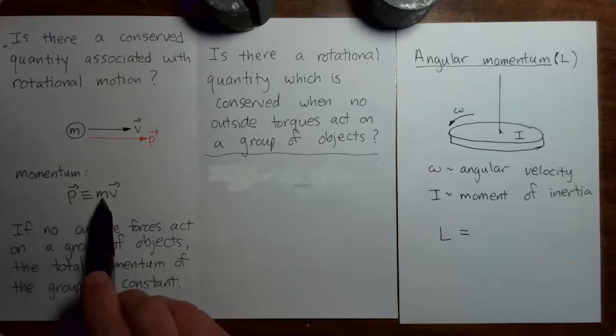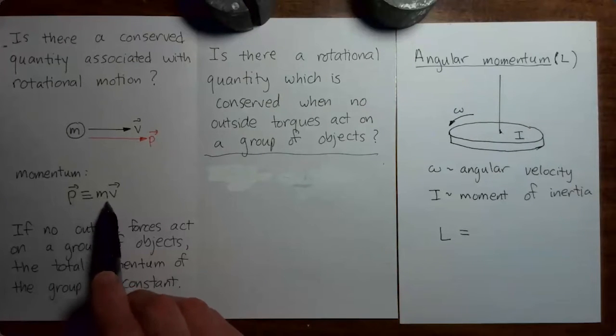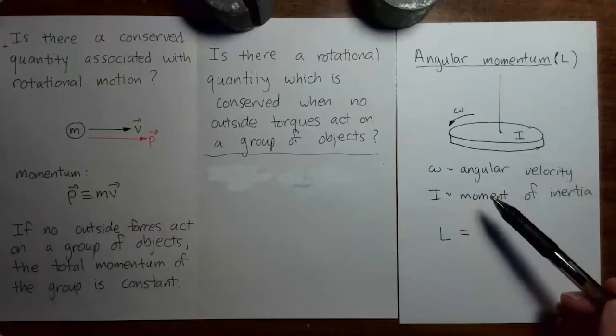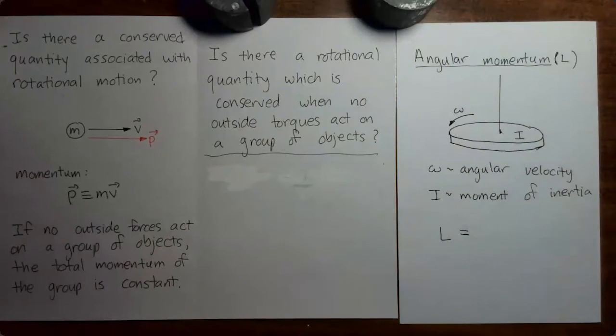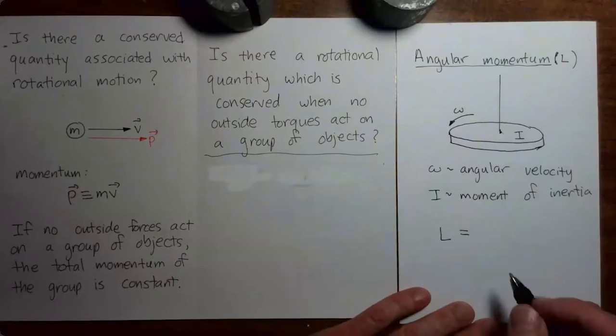The first factor in the regular momentum is the mass. So what is the rotational analog of the mass? Well, mass describes how difficult it is to change the velocity of an object. What describes how difficult it is to change the angular velocity of an object? That would be the moment of inertia.